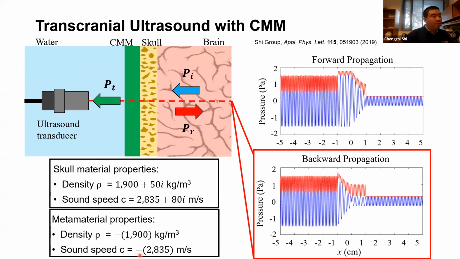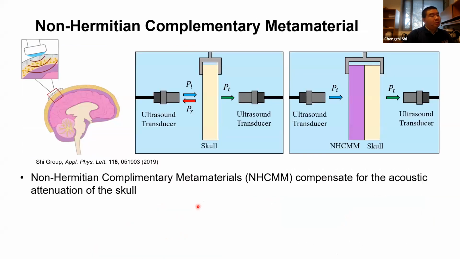So if you just consider the real part of the effective medium parameters, then you are not taking into account the contribution of the lossy part to the acoustic impedance. So the way to do it is, instead of ignoring the loss of the skull, let's take that into account.